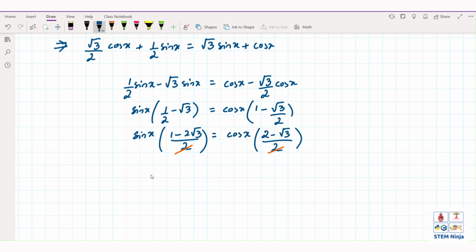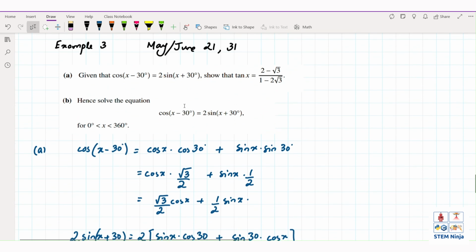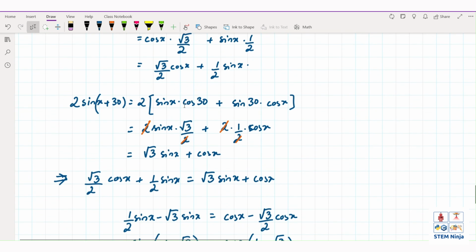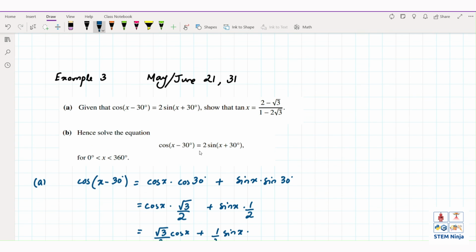Now, we bring cos of x on the left side and the coefficient of sine x on the other side: 2 minus root 3 divided by 1 minus 2 root 3. Now, let's hope it was the same expression: 2 minus root 3 and 1 minus 2 root 3. Yes, exactly that.